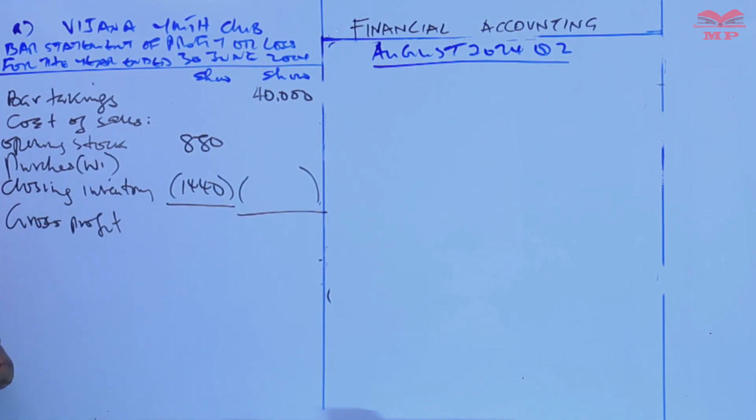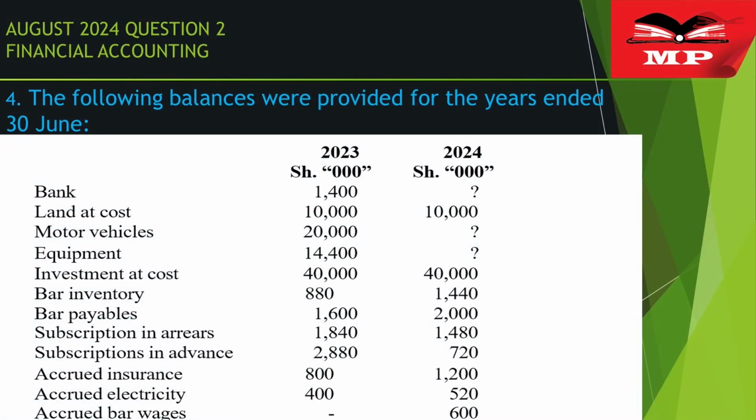So purchases, we need a working for purchases. Bar creditors. We have balances. To calculate the bar purchases, we need to prepare the bar creditors. We have bar creditors balances in note number 4. Check note number 4. Yes, we have bar payables.